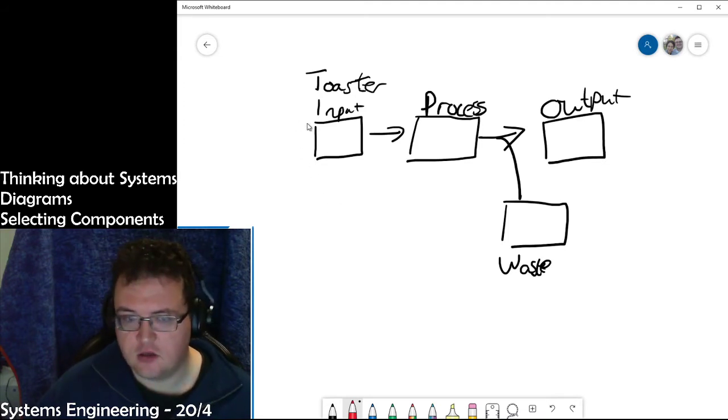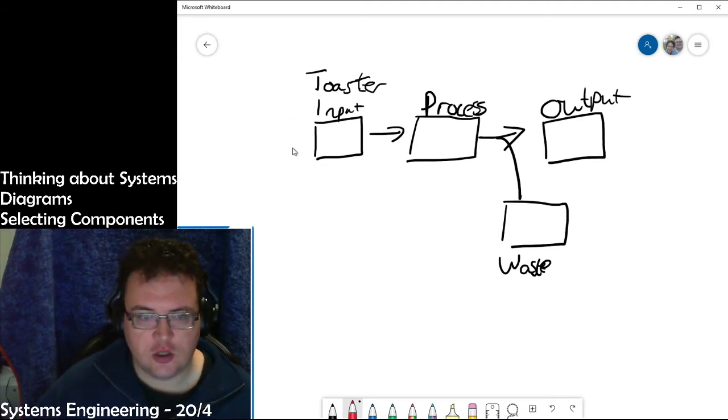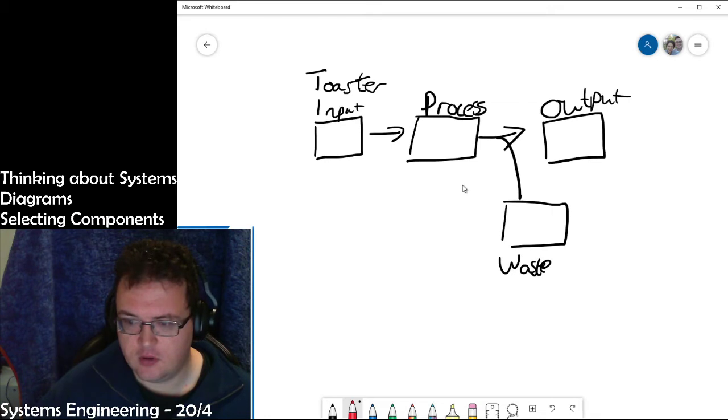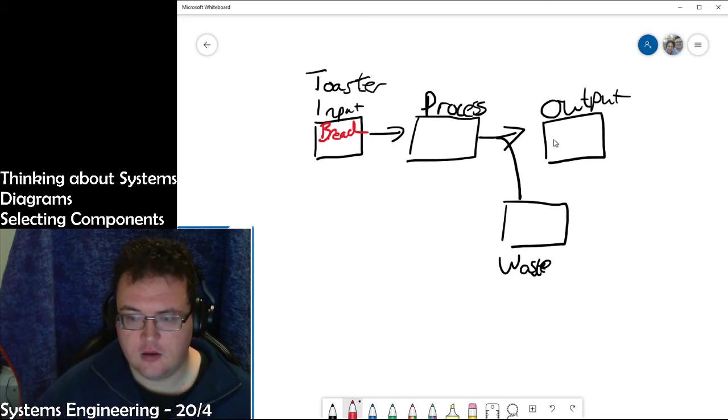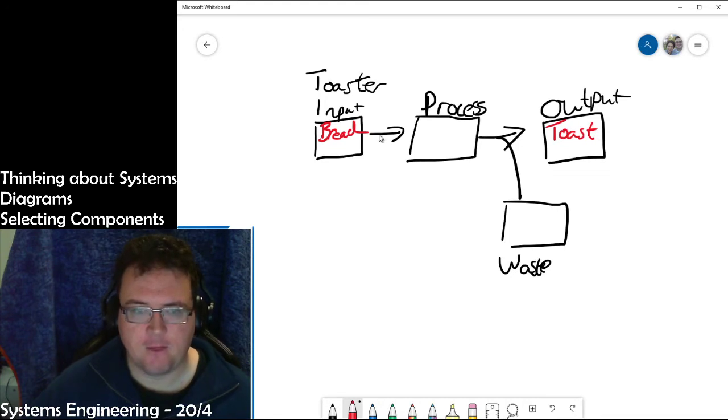Both are correct. So the input, yep, bread. No, Lockie, you said energy. Energy, yes, I know. So bread goes in. What's the waste?